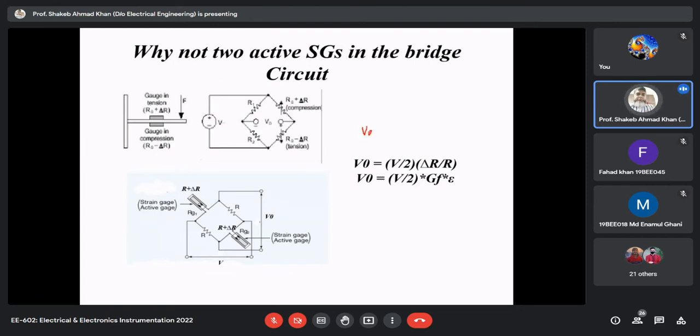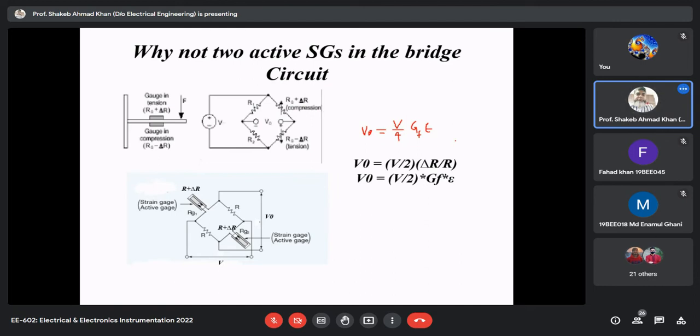The output is equal to V by 4 times GF, gauge factor, into strain. So this is the difference.